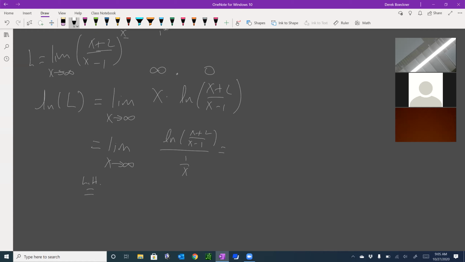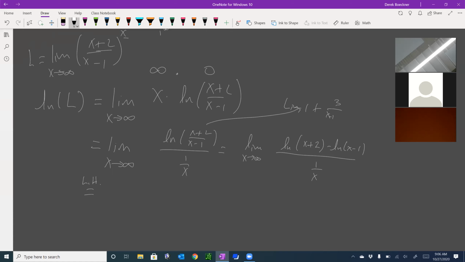Let me rewrite the thing inside here so that it's easier for me to take a derivative. That's one way, and that's going to be the way that we choose this time. The other way, you could rewrite this as 1 plus 3 over x minus 1. That's one way you could write it too and leave that inside. But let's rewrite it this way.